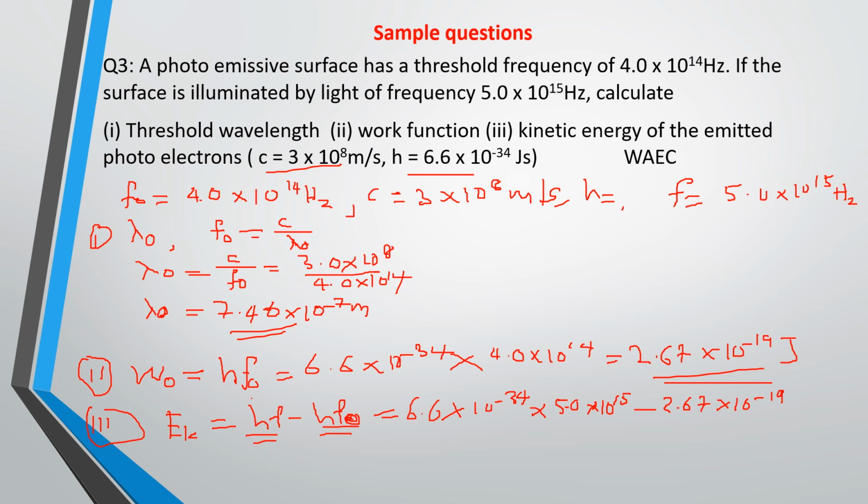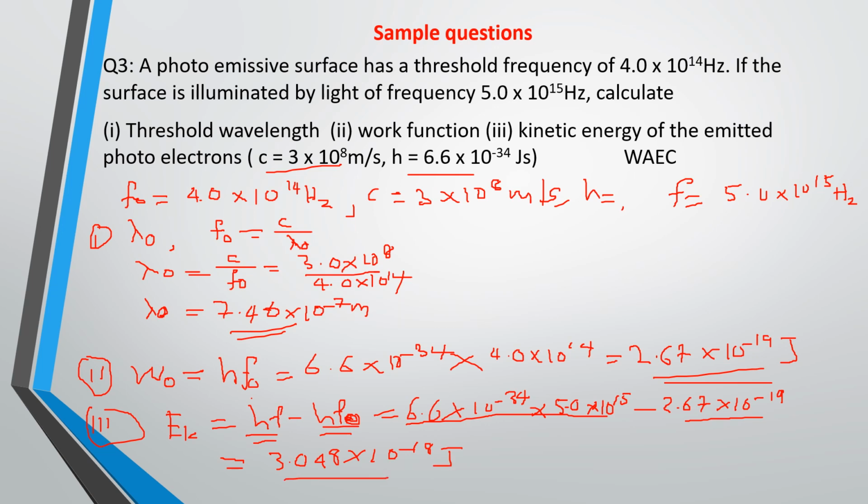So guys, if you punch your calculator and work all this out and subtract this, you will have that the kinetic energy is approximately 3.048 times 10 raised to the power minus 18 joules.